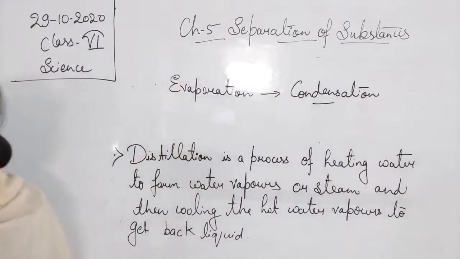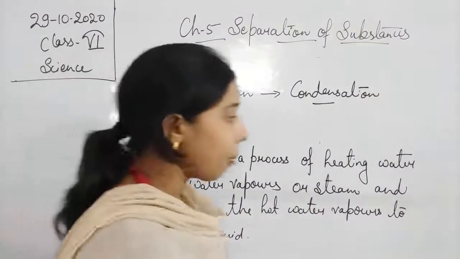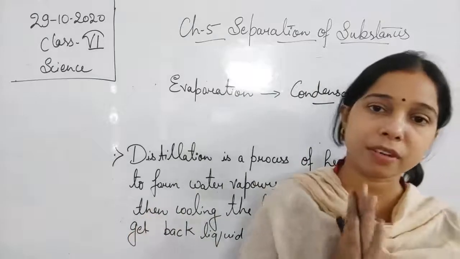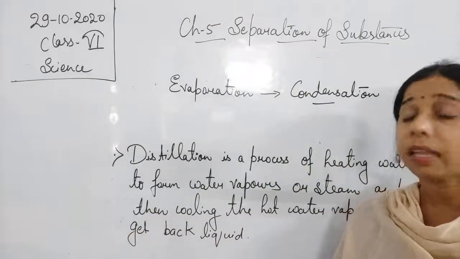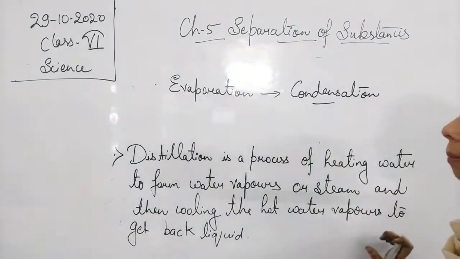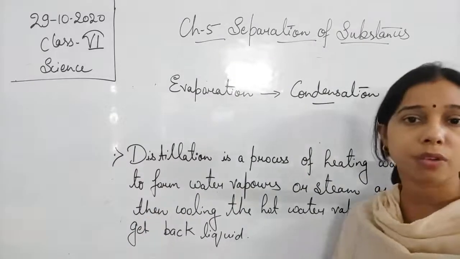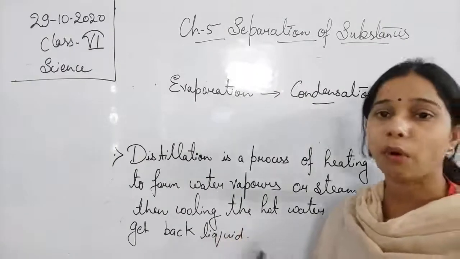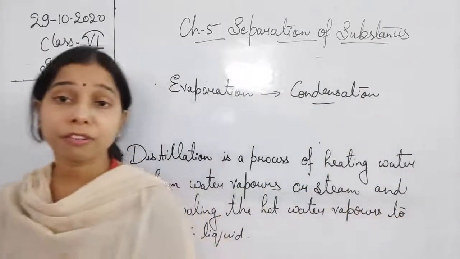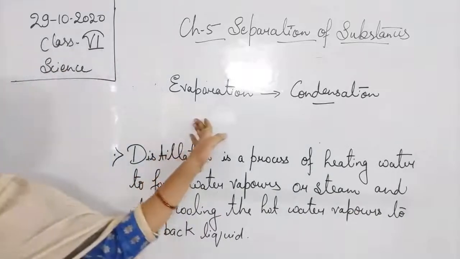Evaporation is there and condensation is there. The first step in the process of distillation is supplying heat to it, and because of the heat it gets converted into water vapor. So the first step is the evaporation process.